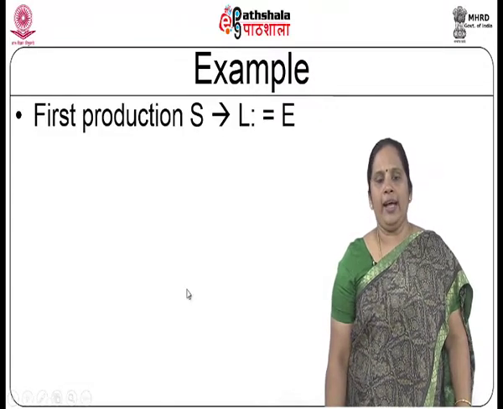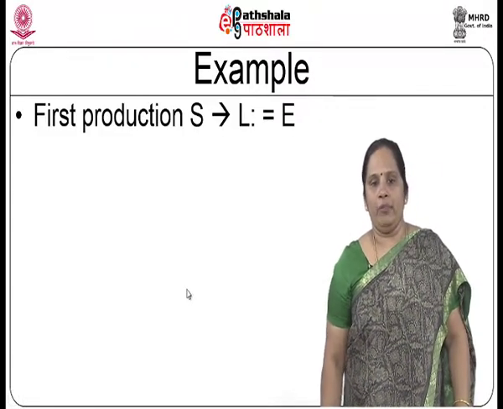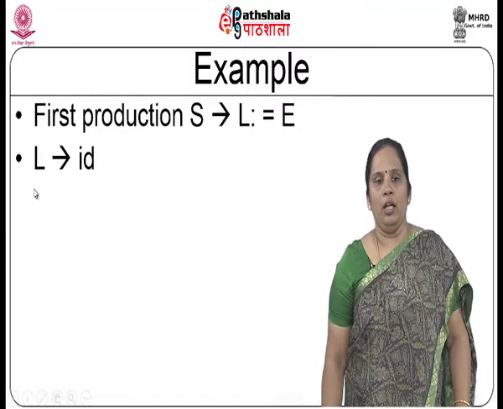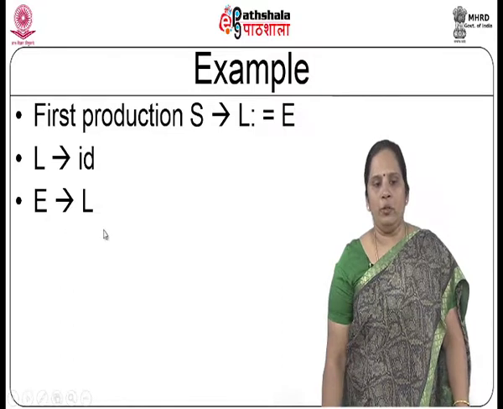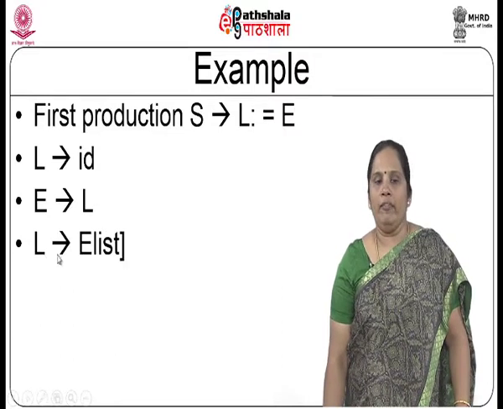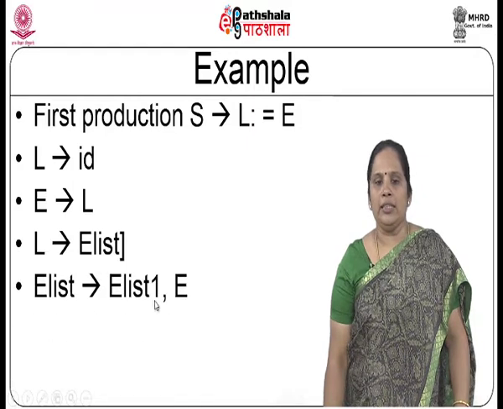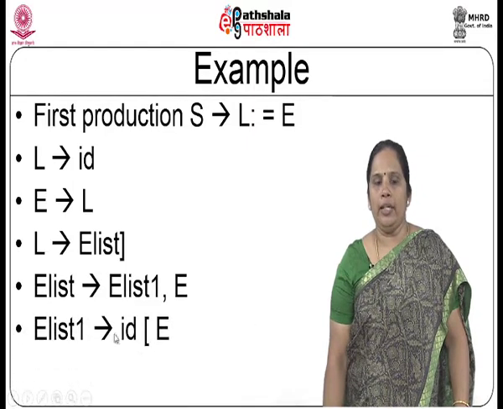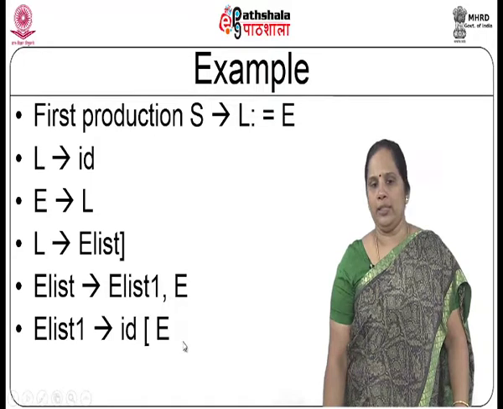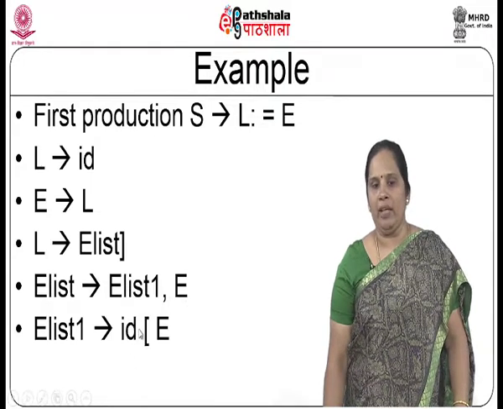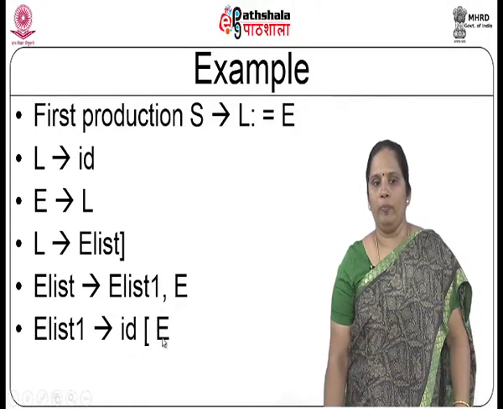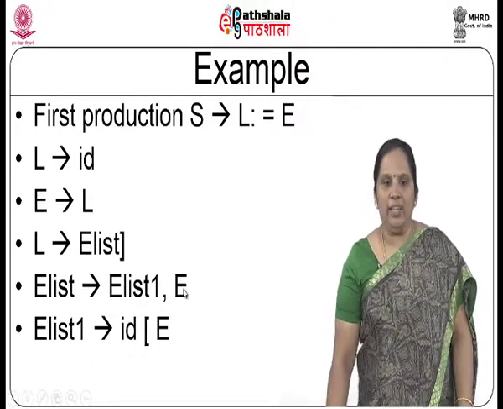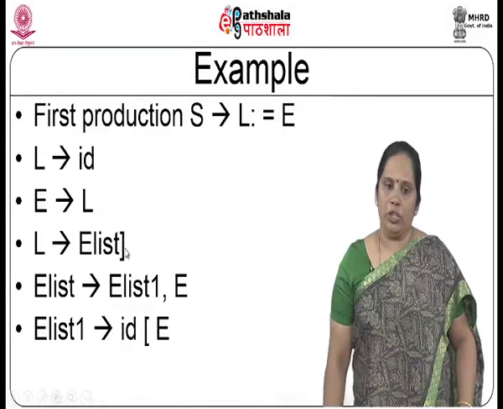Let us say I have x is equal to a of y comma z. So this is your first production. Then I have L produces id. Then I have E produces L, and then I have L produces E list close parenthesis. Then this E list is E list 1 comma E, and then the E list 1 is id open parenthesis E. Now this id is capital A, this E corresponds to Y, this corresponds to Z, and I have a closed dimension here.